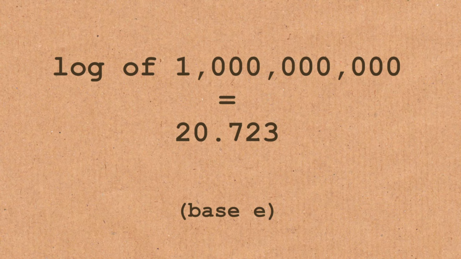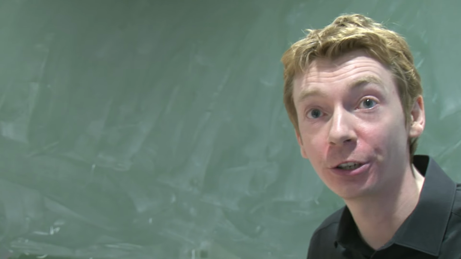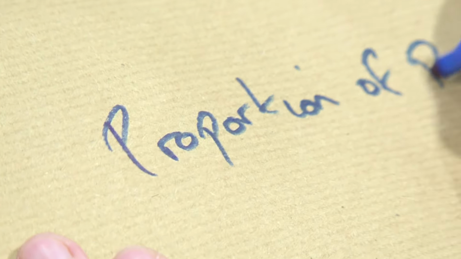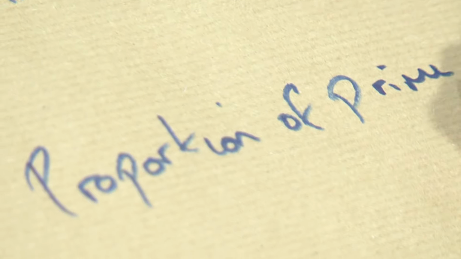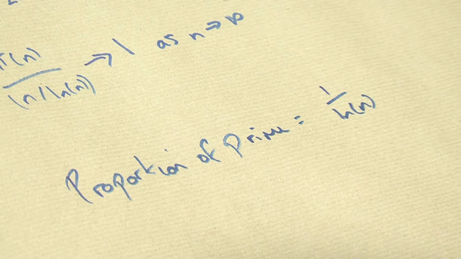So what it tells us is, on average, it gives us an approximation at least, of how many primes we can expect less than a number: a billion, 10 billion, a googol. But we can then get some results from that. That means that the proportion of primes less than n, if we divide by n, is 1 over log n.